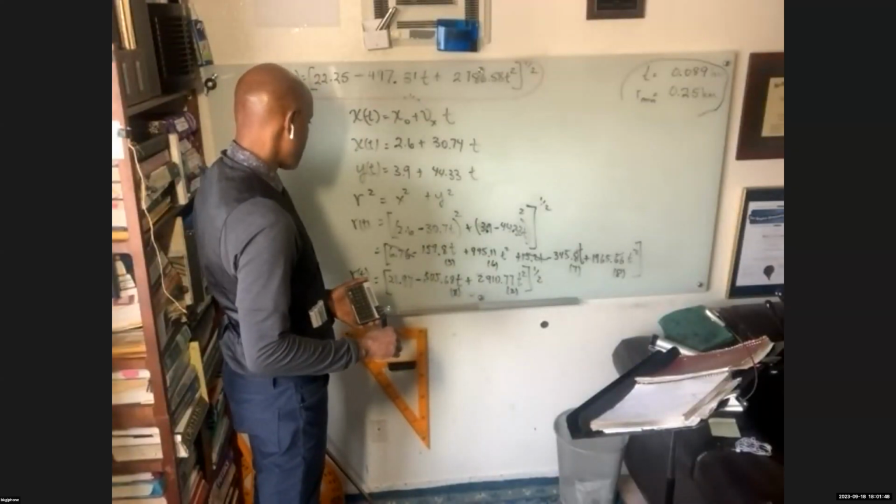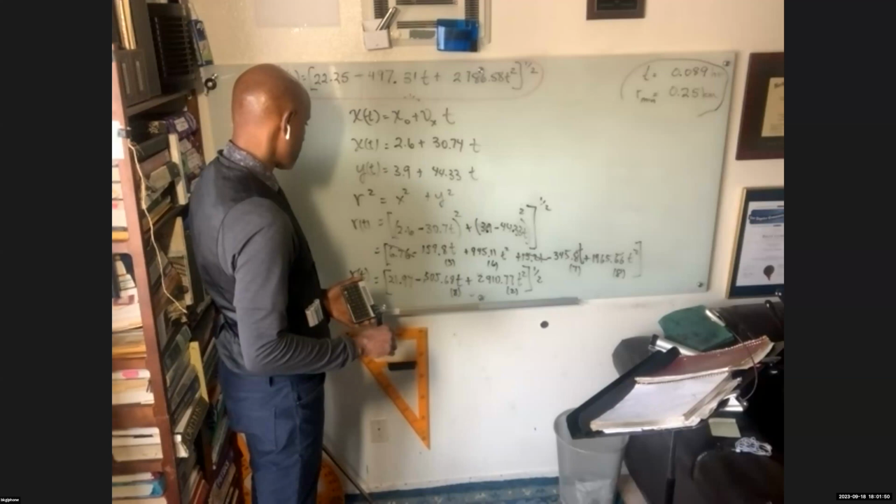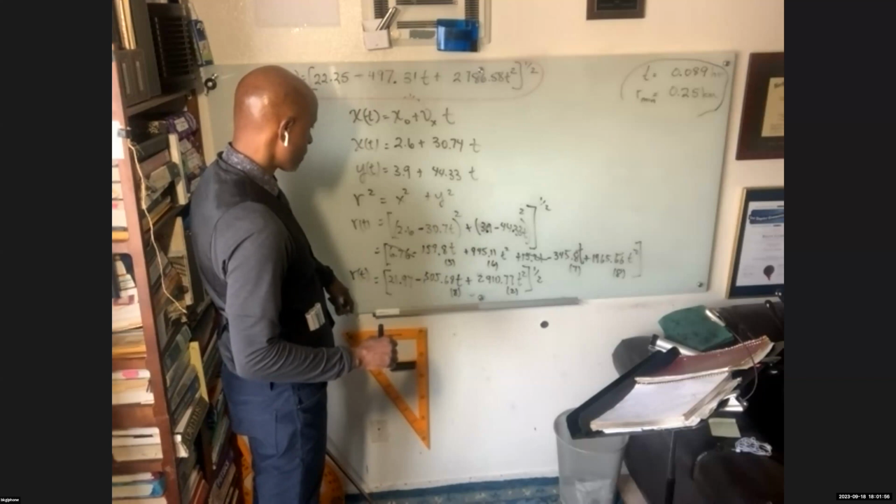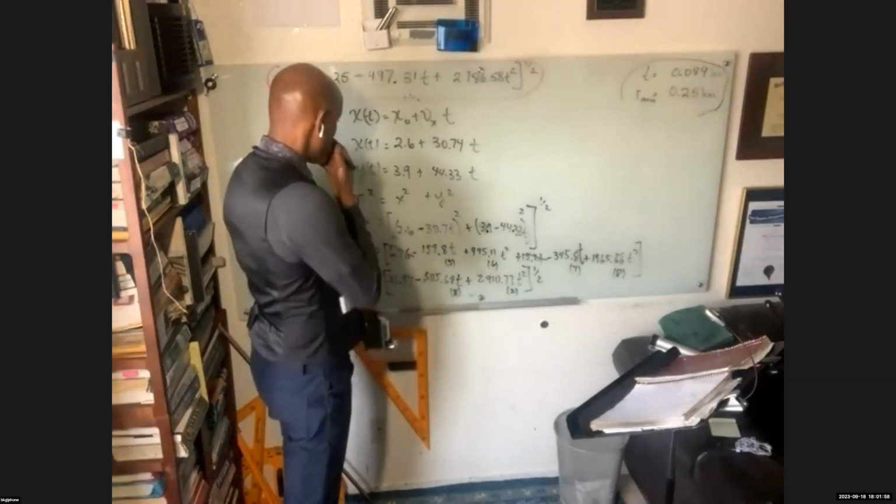So now we have to take the derivative of this thing and set it equal to 0.